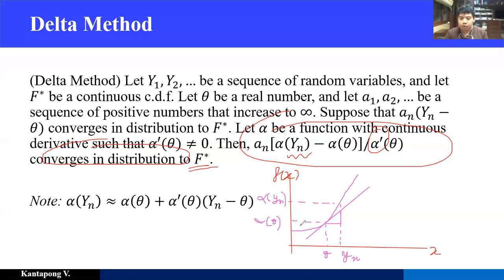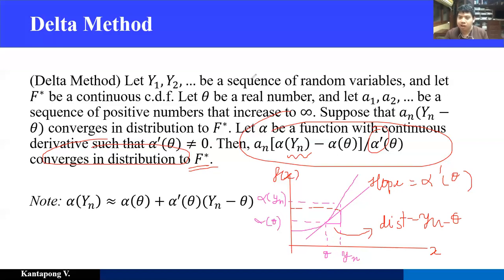From g of theta, you want to figure out how far to go above to get this kind of approximation. This is the distance, right? The distance is Yn minus theta. And the slope is g prime of theta.